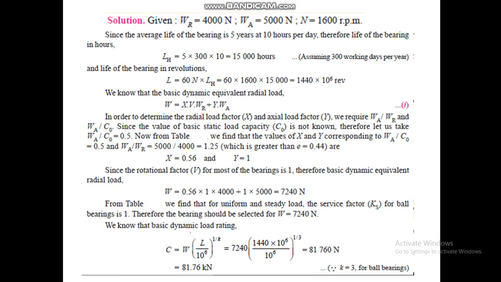Since the value of basic static load capacity C naught is not known, let us take WA by C naught as 0.5. So we assume it from our side. And WA by WR, we put the values and it is 1.25. So let's see the table.